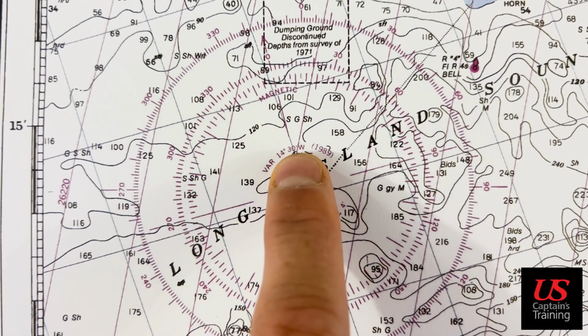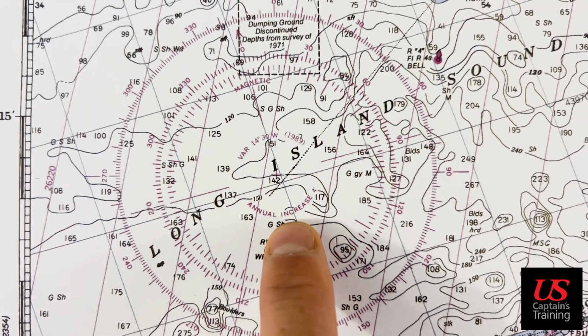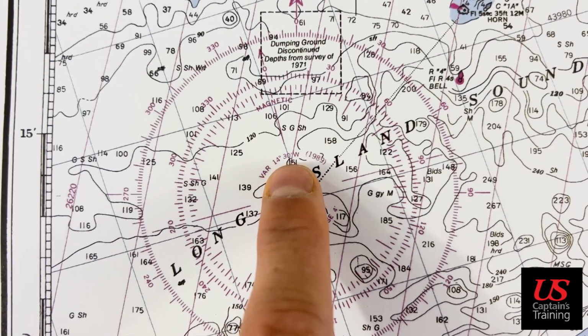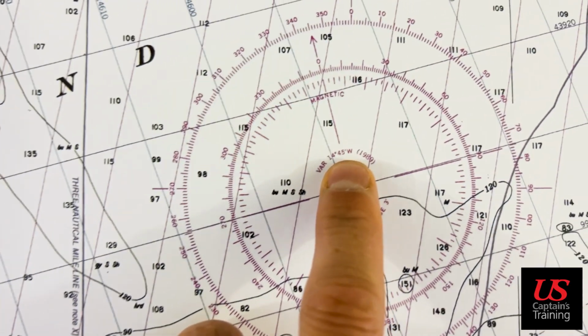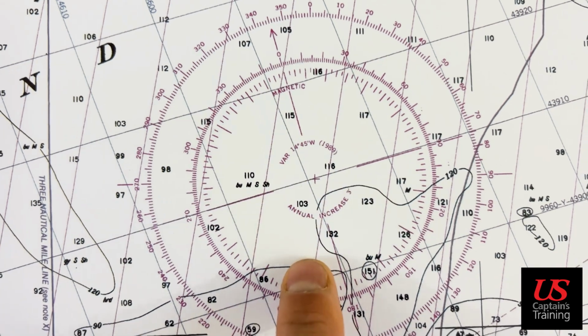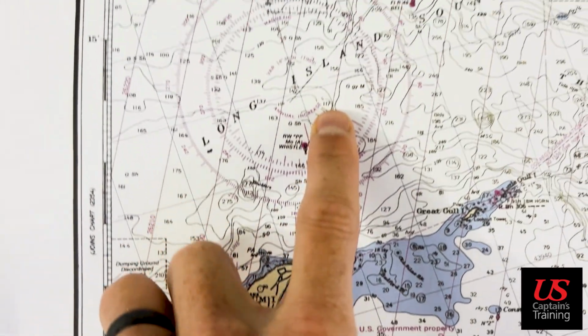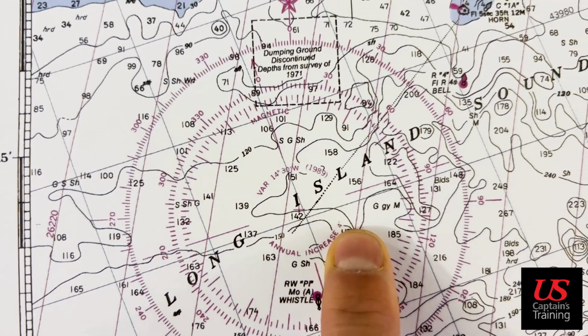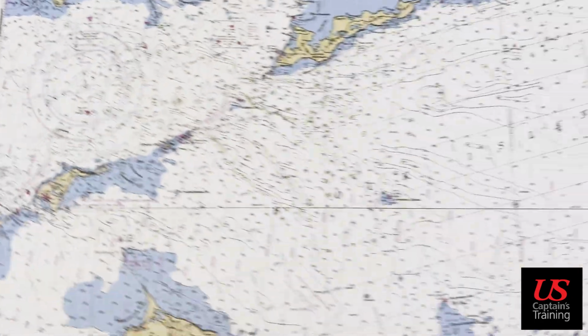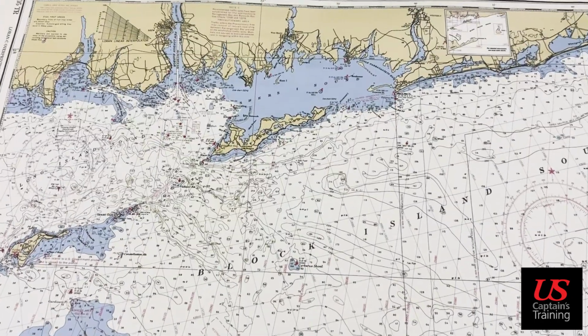Variation, 14 30. Annual increase of 4. What? 14 30 over here, 14 45 over here. Annual increase, 3 over here, and 4 over here. Interesting, huh?